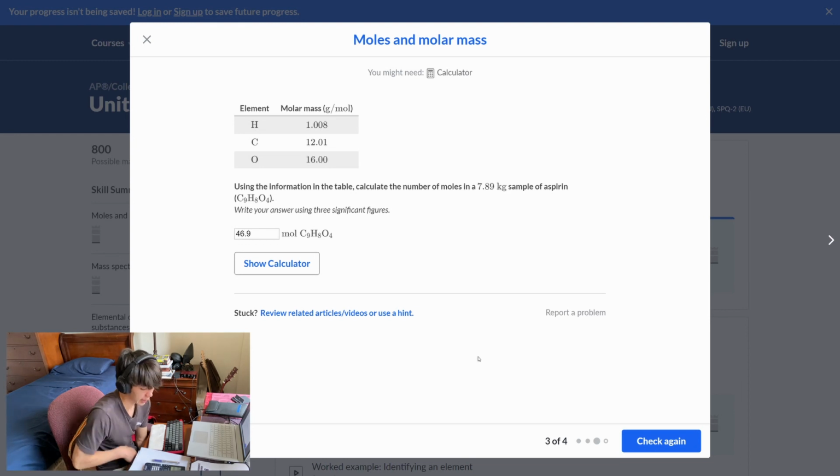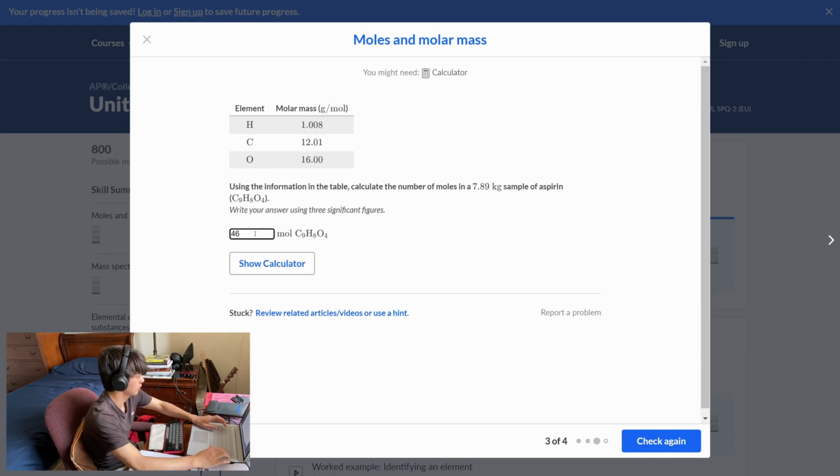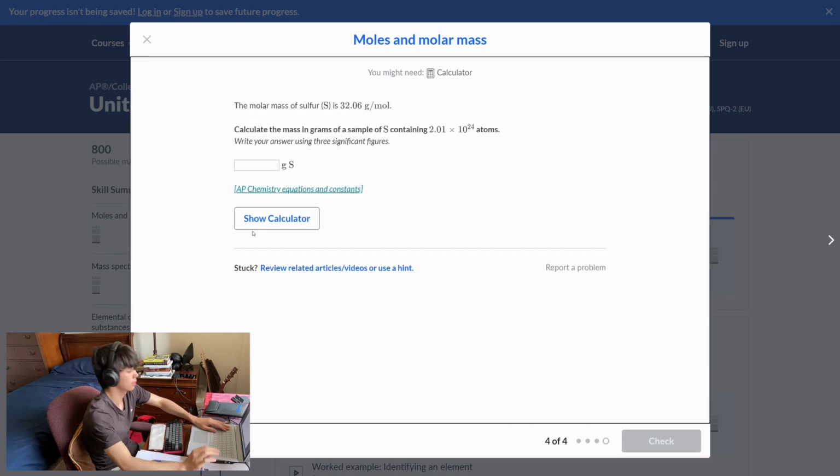I multiplied it by 8. Are you kidding me? Now we have 43.8. Wow. So happy.